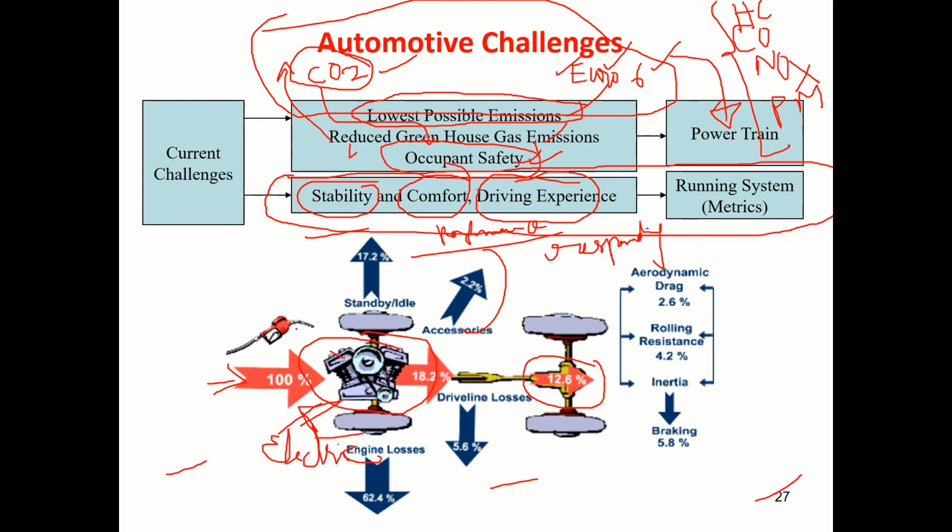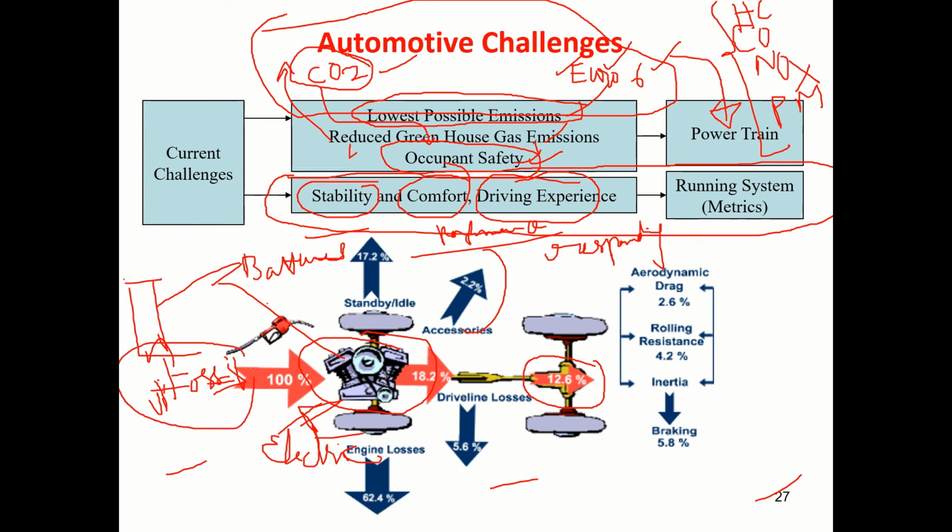So for this electric powertrain, electric energy, batteries are required, and the batteries have to be charged. How do we charge? So shall we use the same electrical energy that is produced out of fossil fuels? Then it is not going to solve the problem.